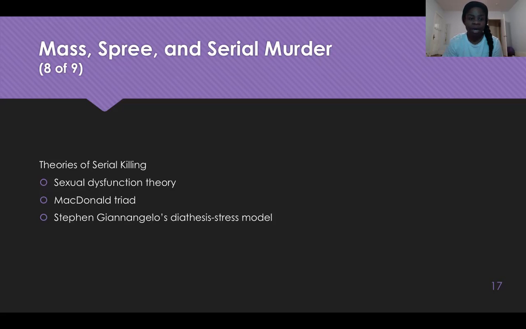Okay. The MacDonald triad. This is a theory popular among serial killer profilers, which consists of three childhood predictors: frequent bedwetting, specifically past the age of 15, fire setting, and cruelty to animals.